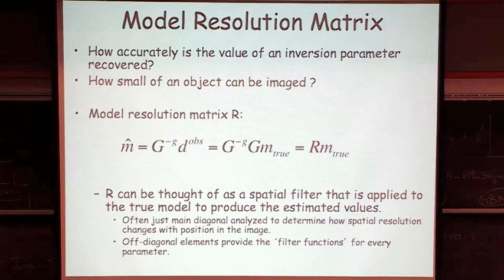If you had a system where all the blocks were sampled by many ray paths coming from many directions, and if you assume that ray theory is valid, then you would find a unique solution. You would not need to regularize. But this is never the case, unfortunately.